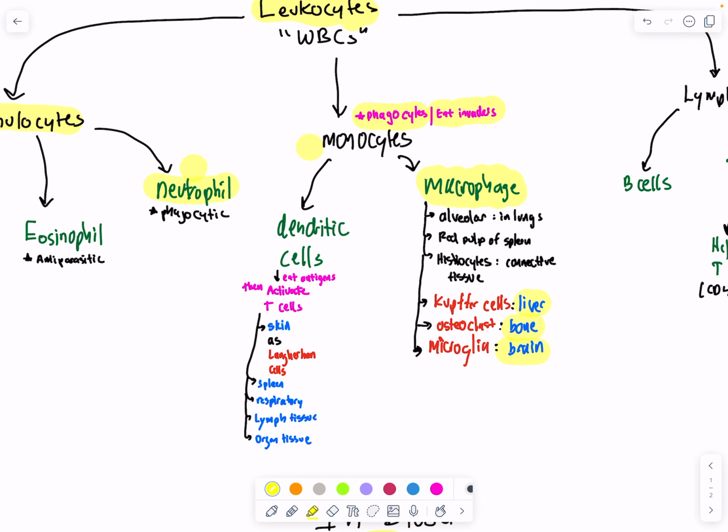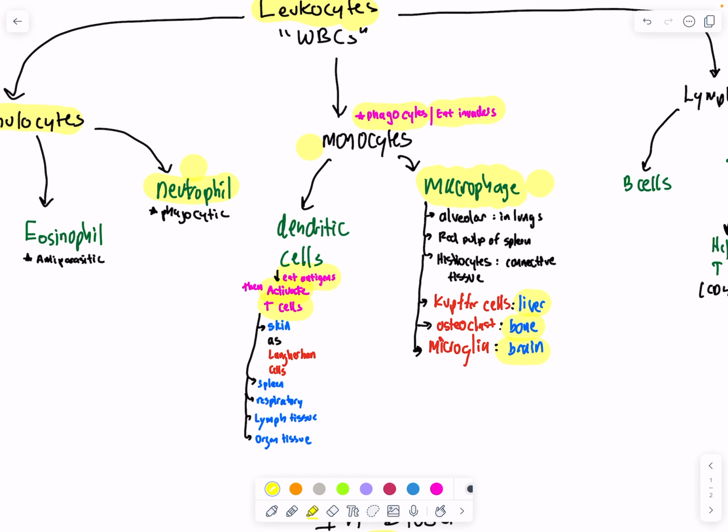All right, then we have our dendrocytes, and whereas our macrophages and their types are just going to go ahead and eat the invaders, our dendrocytes will eat the invaders, the antigens, and then present the parts of the antigen to activate T cells.